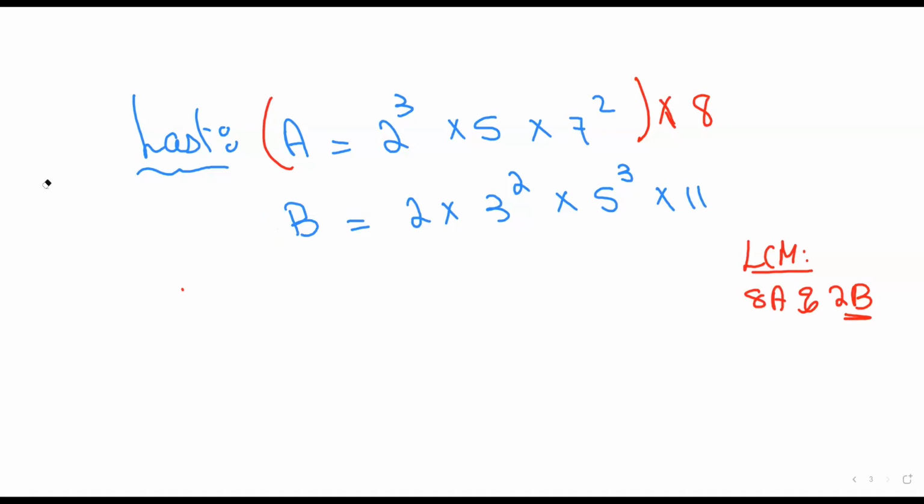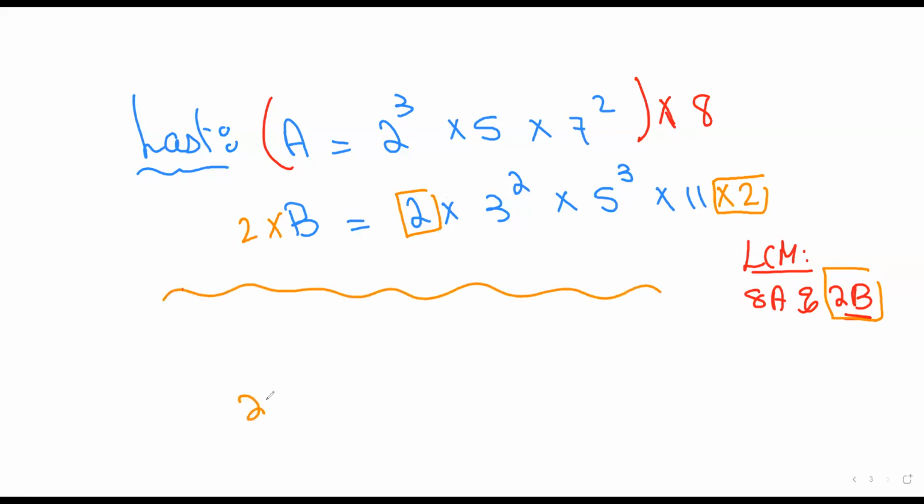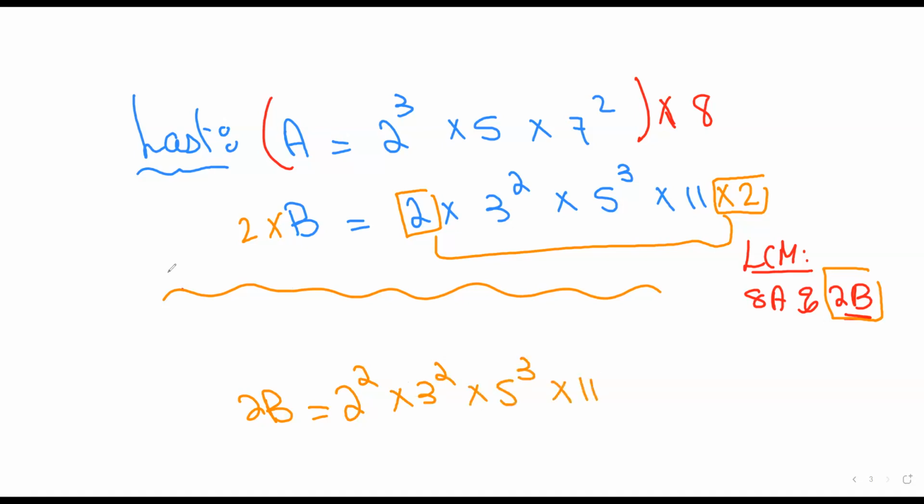As we said, for 2B I will add a 2. And then I will combine these together, and I will end up with 2B equals, multiplying same base, I add the powers, 2 power 2 times 3 squared times 5 power 3 times 11.